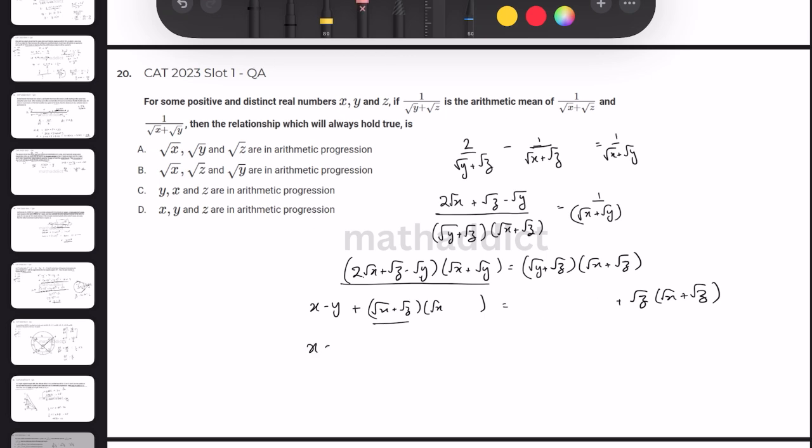So we have x minus y plus x plus root xz equals root xz plus z. So these two get cancelled. So we are left with 2x equals y plus z. So y, x, z are in arithmetic progression. So the 20th answer is C.